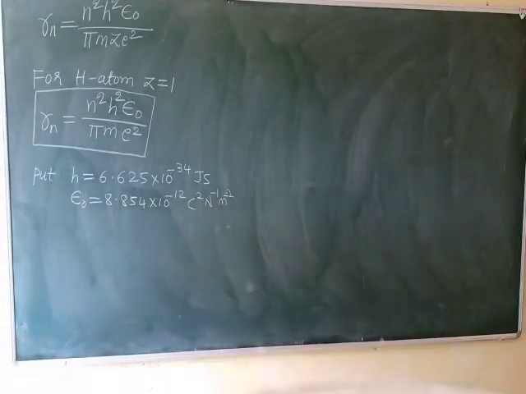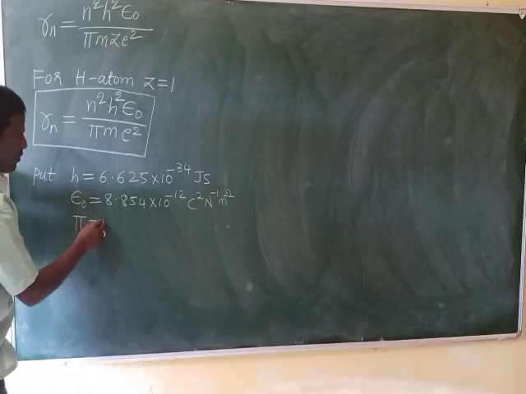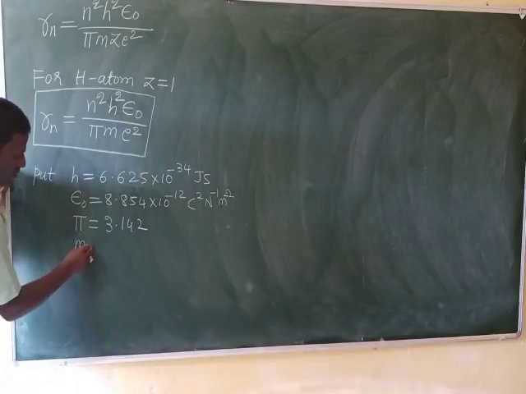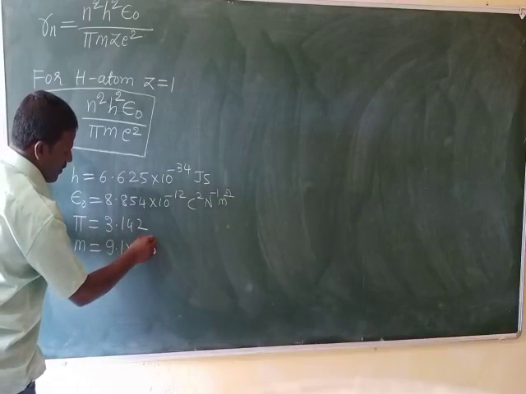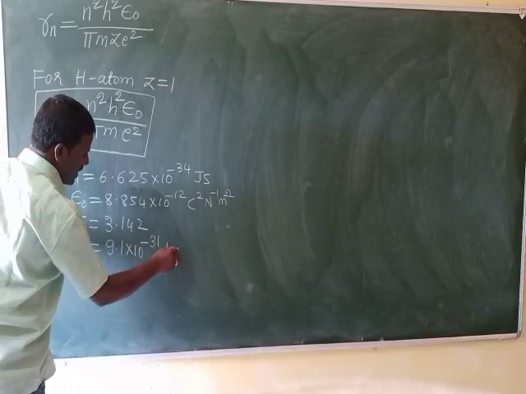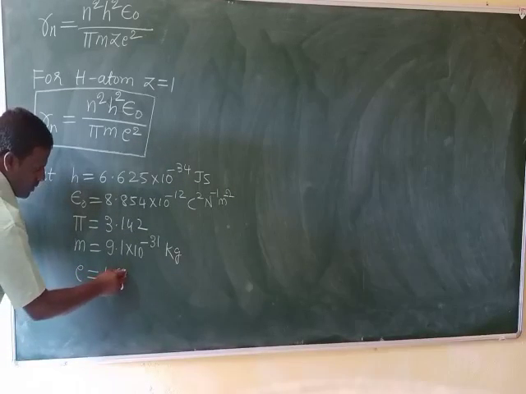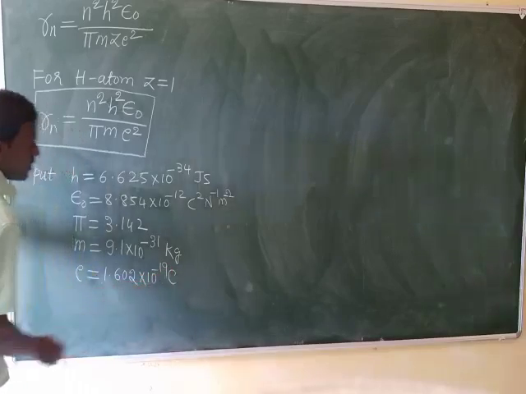Pi equals 3.142. m is the mass of an electron, 9.1 into 10 to the power of minus 31 kg. And e is the charge of an electron, 1.602 into 10 to the power of minus 19 coulomb.